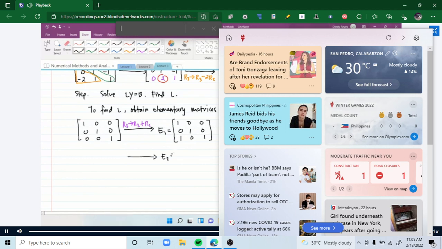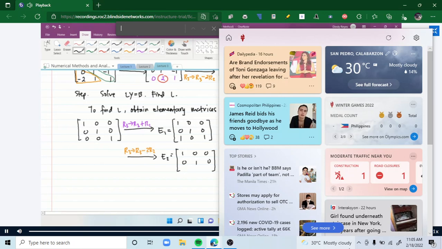We can obtain another elementary matrix E2 by performing the same elementary row operation on R3. So R3 minus 2R2. Again, R3 will change. R1 and R2 will be the same. So 1, 0, 0, 0, 1, 0. And then R3 minus 2R2, what will we get?